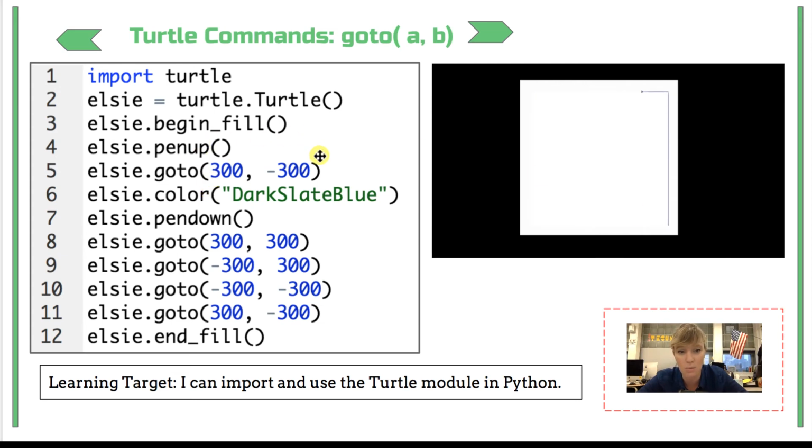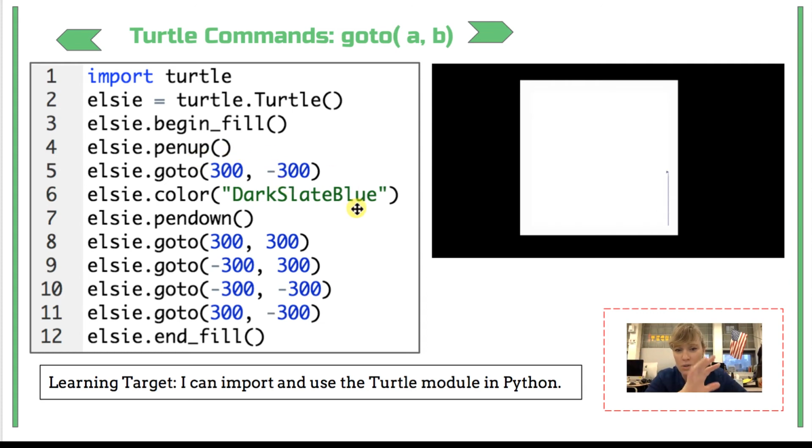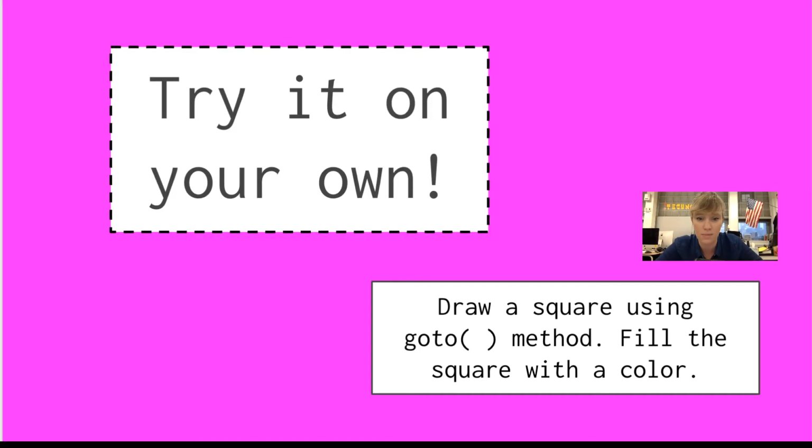So you'll experiment with the edges of the screens that you use, and it's going to depend on how wide the canvas is on your panel when you run it. So you can open the panel up to make your canvas a little wider before you run it. Okay. Now I want you to go draw a square using the goto method and fill the square with color.